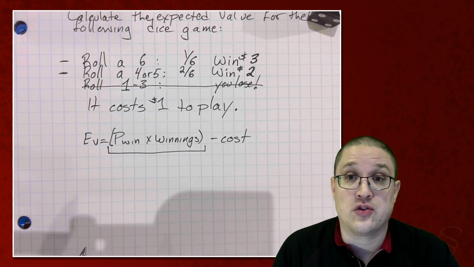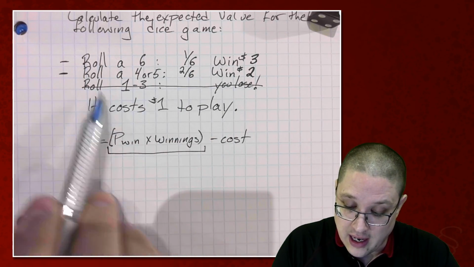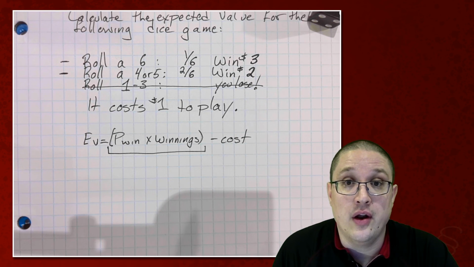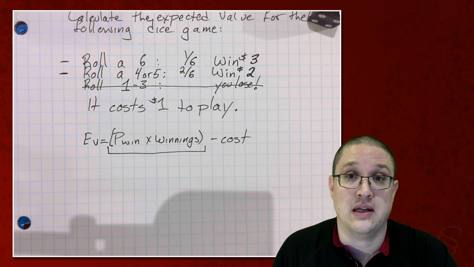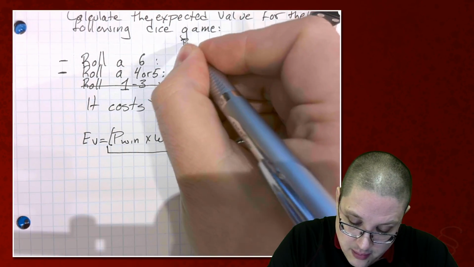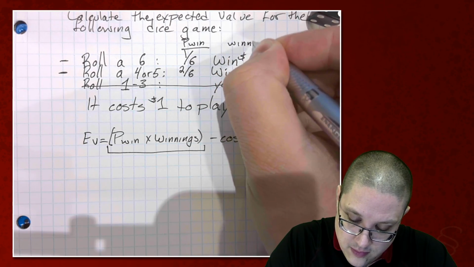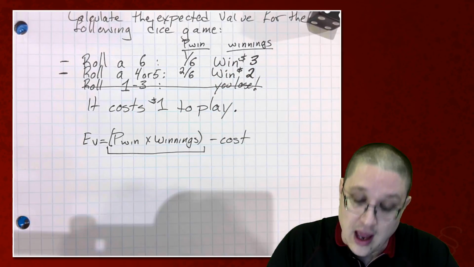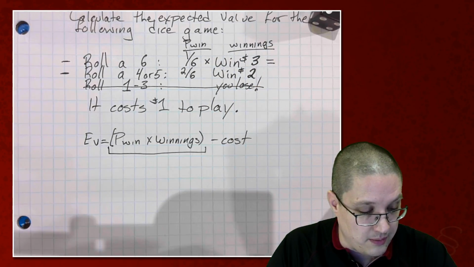Now I can treat this similarly to a weighted mean question. I have this in a little table here, so I can use this to help me calculate. This is my probability of winning. This is my winnings.